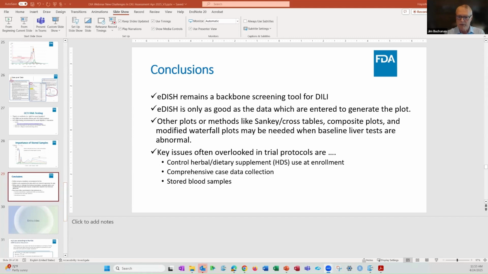It's an interactive eDish graph. One of the capabilities of that tool is to generate mDish plots. And I do want to point out, as Dr. Hayashi had mentioned, that there are some substantial problems in running mDish plots and then trying to interpret the data out of that.